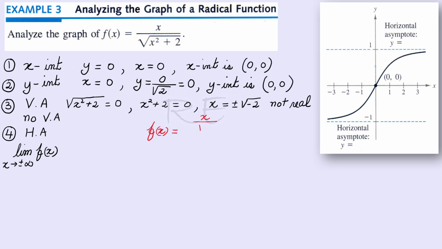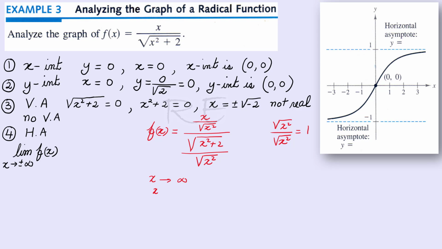If we understand f of x to be x divided by square root of x squared, over square root of x squared plus 2 divided by square root of x squared, notice that square root of x squared over square root of x squared is 1, so we didn't change the rational expression.